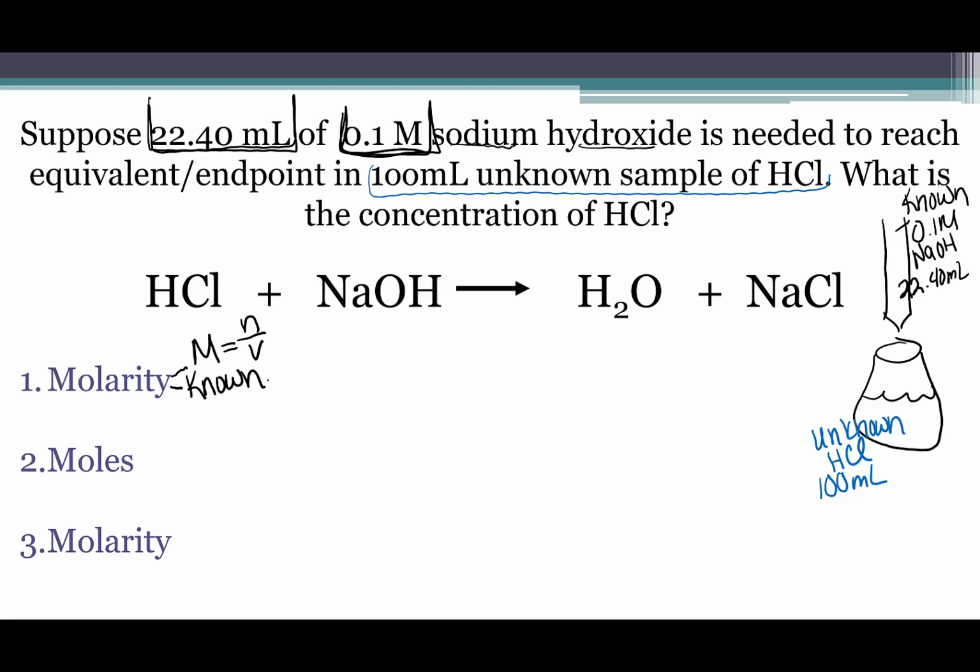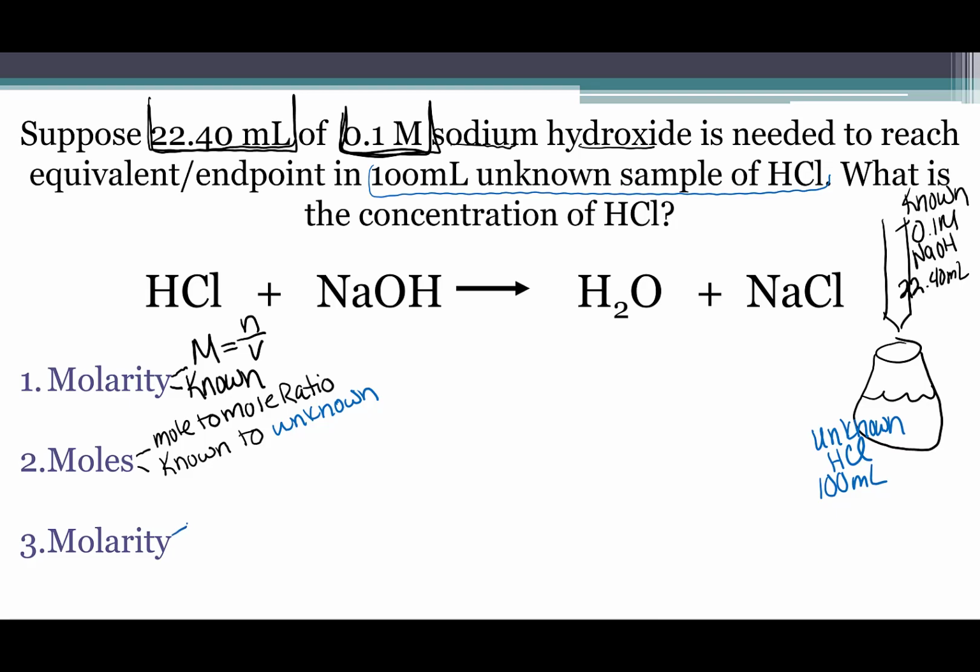So molarity, moles, molarity. In this step, we're doing that mole to mole ratio. And here's where we're changing from our units of known to unknown. So that's how we get from the substance that we know a little something about to the substance that we don't know anything about.